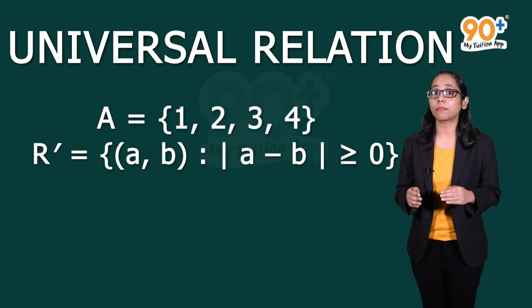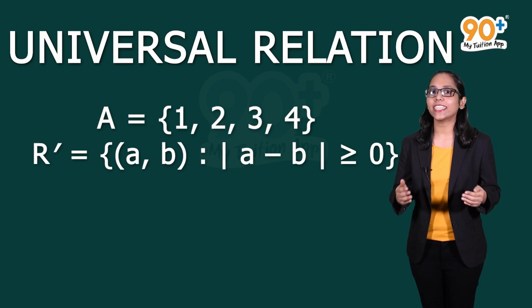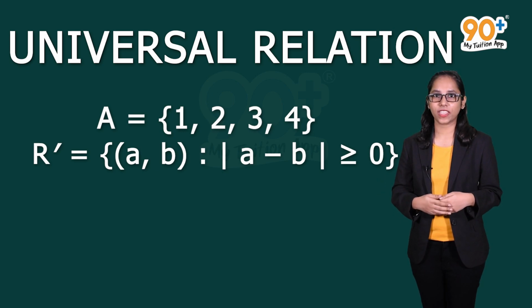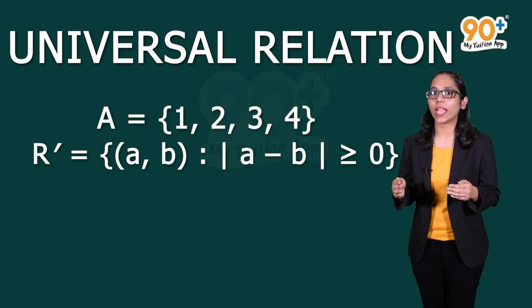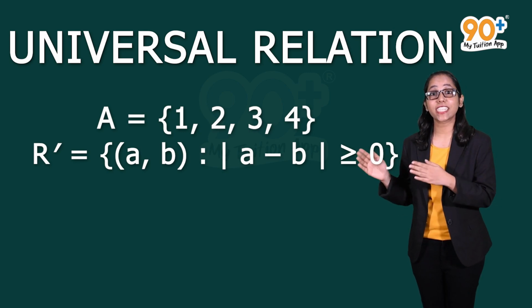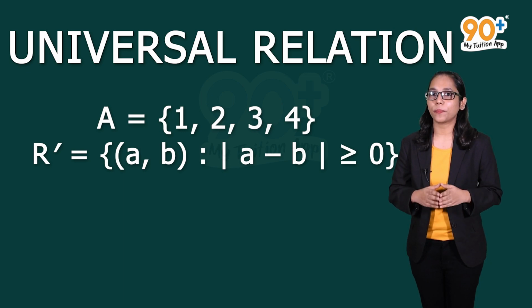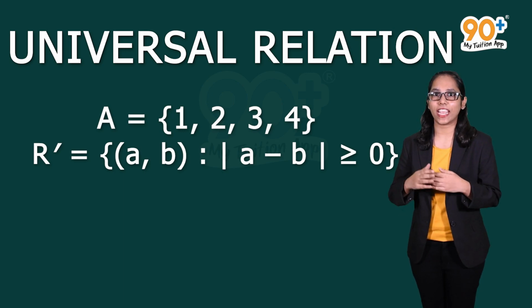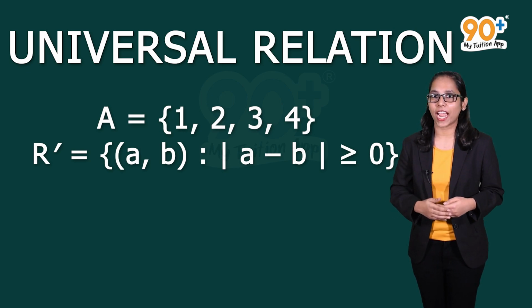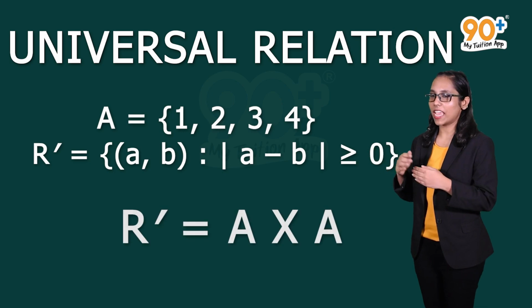That is, if we subtract any two elements and then apply modulus, we will get a non-negative number. That is, if we take any two elements from set A, this condition will be satisfied. That is, all the ordered pairs of set A to set A will be present in the relation R'. So, we can write R' as A cross A.